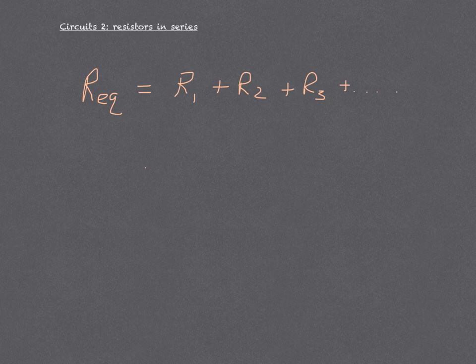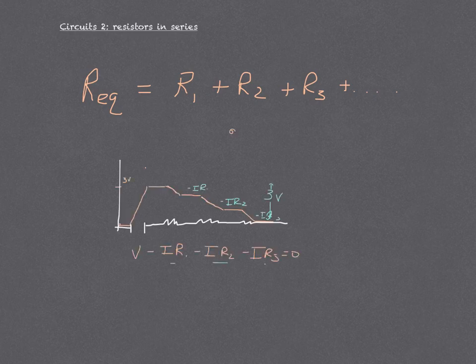If we go back to that graph, we can see that the total voltage drop is equal to the voltage drop across each resistor. And that would equal the voltage here, which is equal to the voltage of the battery.